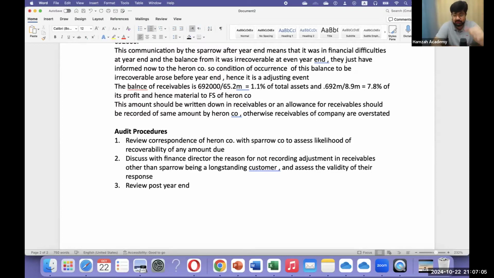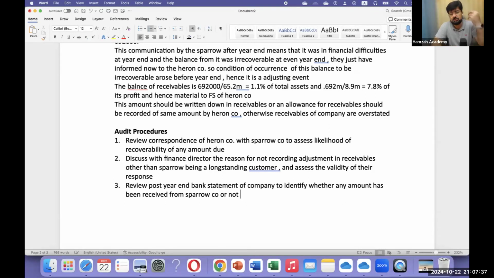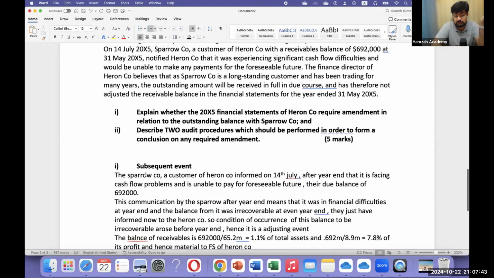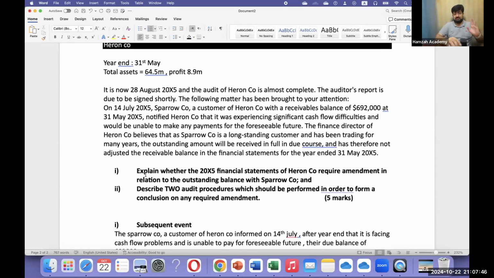So we will review the post year end bank statement of the company to identify whether any amount has been received from Sparrow Company or not. Done. You have to write only two, any two out of these. So the subsequent event topic is done.